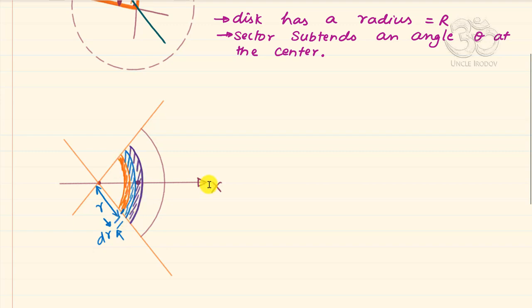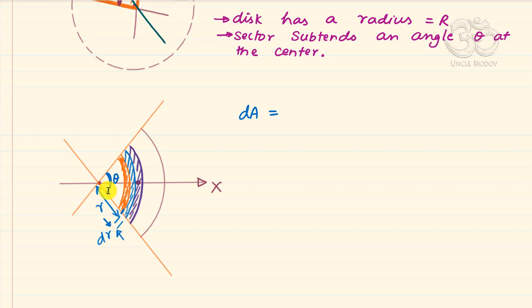Then I can figure out how much is this blue shaded area. The blue shaded area will be dA, and I can think of it as a very thin rectangular strip if I just flatten it out, if I just straighten it out. So how much will be the length of that strip? The length of that strip will be r times theta, because theta is the total angle subtended at the center.